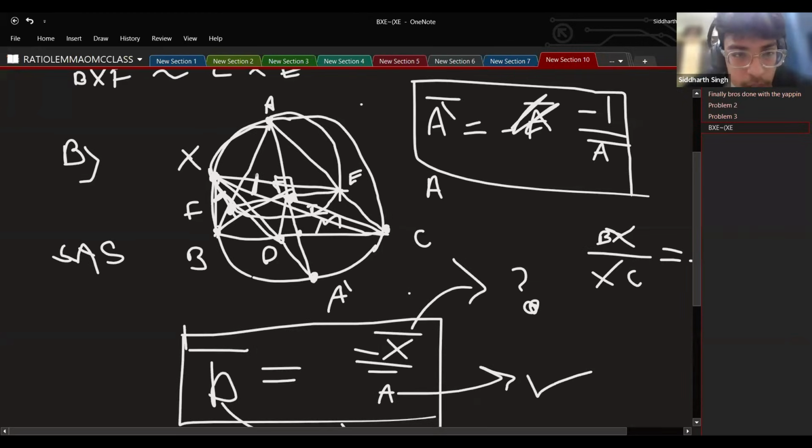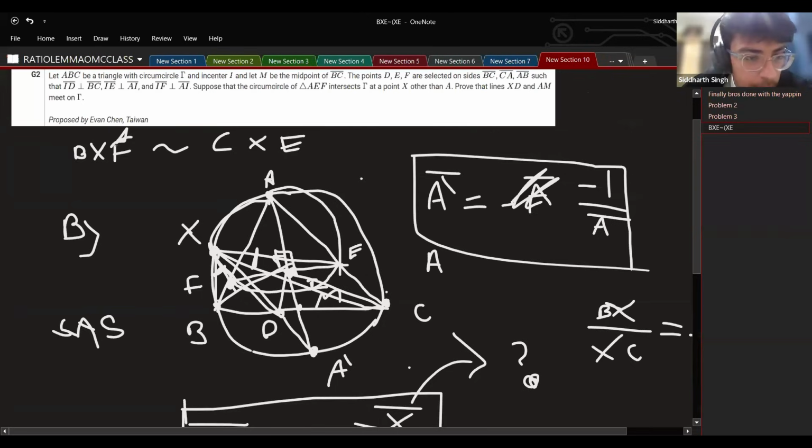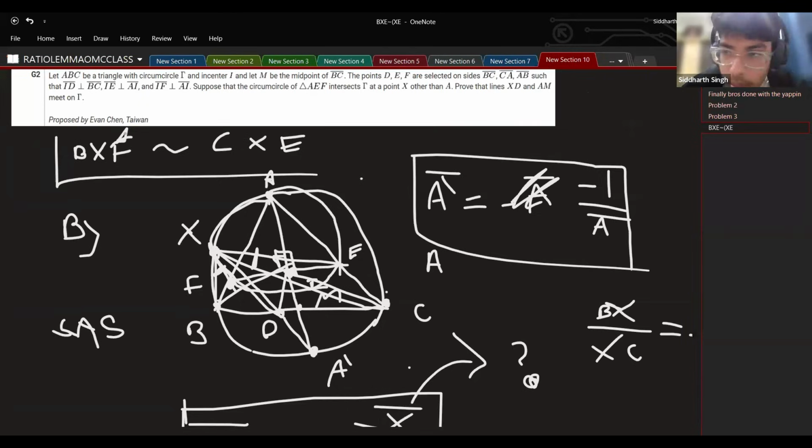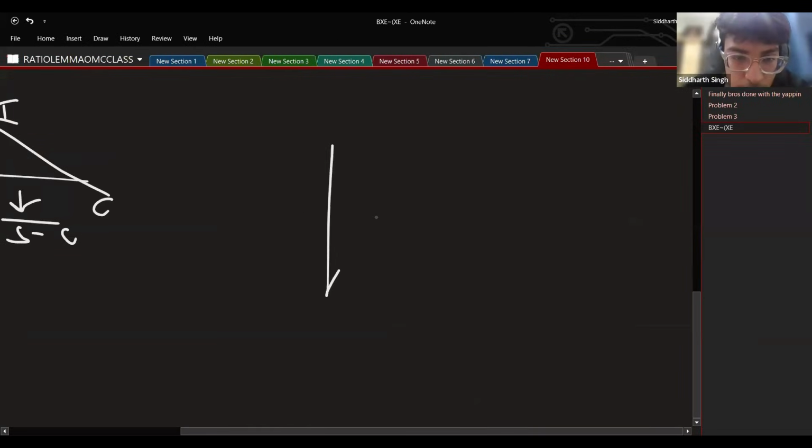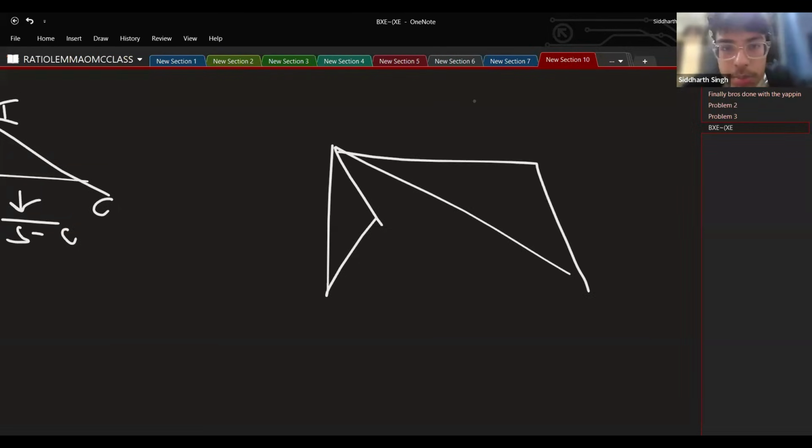Nice. So this is the thing. Is this visible to you all? Okay, it's not. Let me just draw a better diagram. It's hard to keep track with the chat.